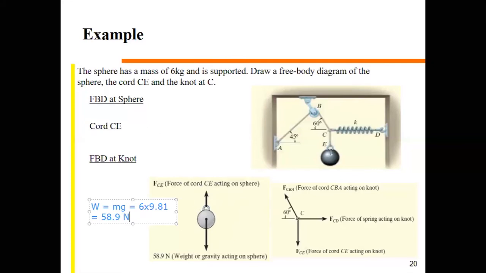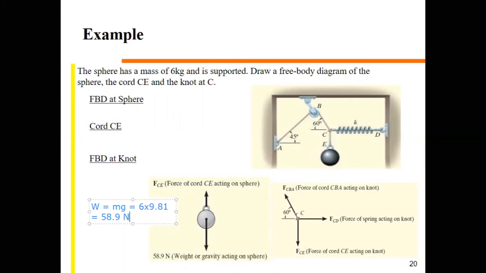Now for the knob, we can write again. First, at the point C, one force FC, which is the weight of the sphere working downwards, another towards the point C due to the spring. So this one is FCD, and one more from C to B and A. So this is another force.